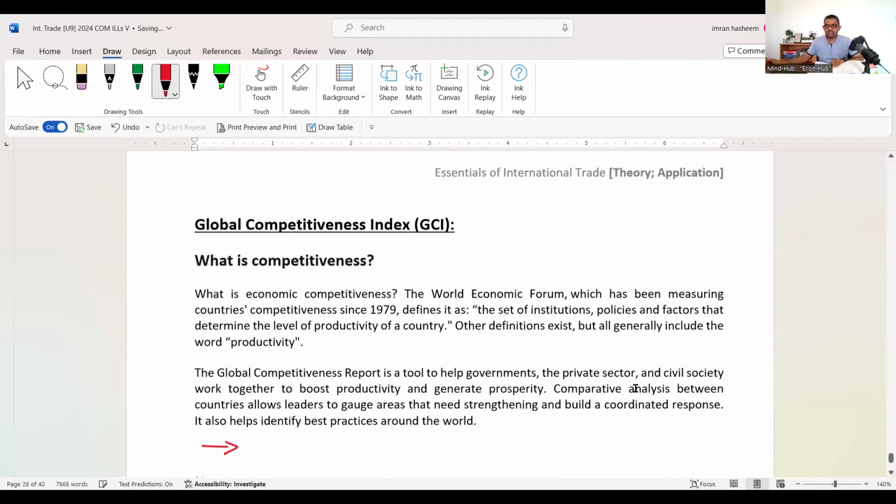For now I'll just briefly explain these things. We talked about a concept called global competitiveness. That concept is connected with the Global Competitiveness Index. You need to know who prepares these things: the World Economic Forum.